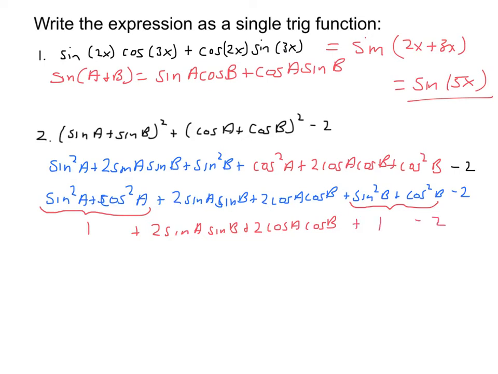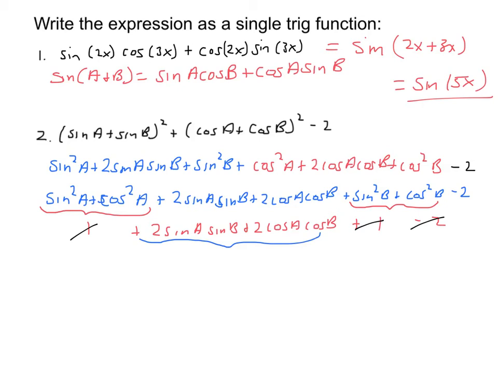Then minus the 2. At this point, the 1 that we have and that minus 2 are all going to end up canceling each other out.